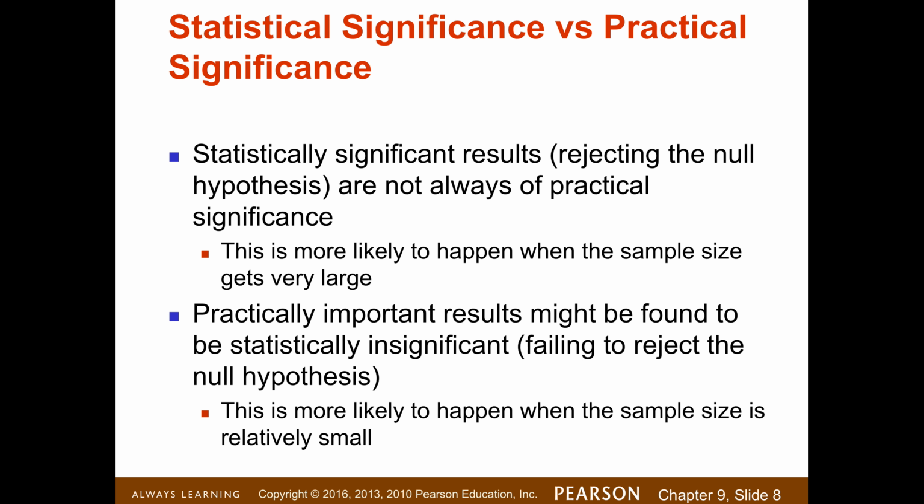Let's say that we think at Shawnee State University that the average ACT of entering freshmen in 2019 will be 24. So we go out and we get a sample of 3,000 potential applicants, and we find that we reject the null. The claimed mean is 24, and let's say that our sample mean was 24.1.